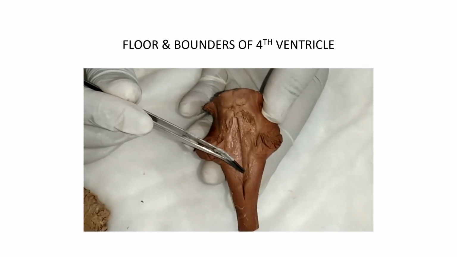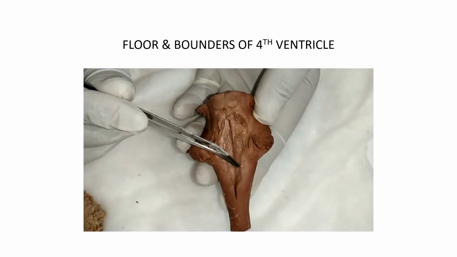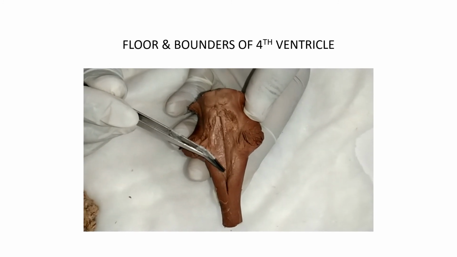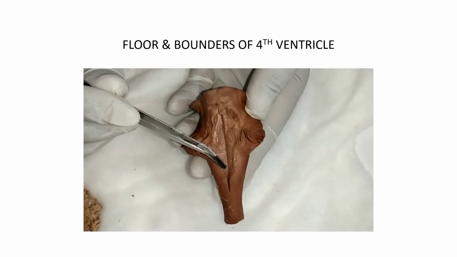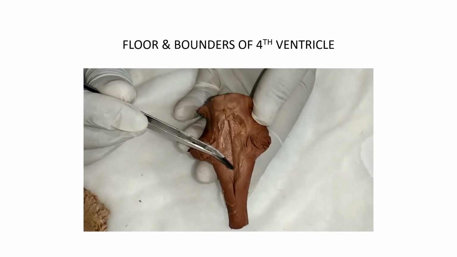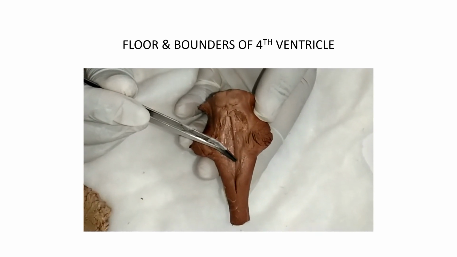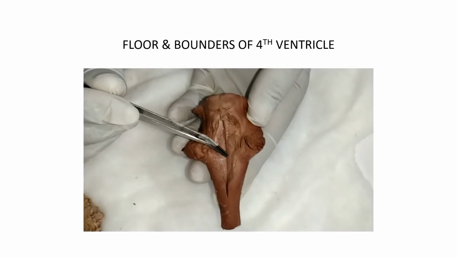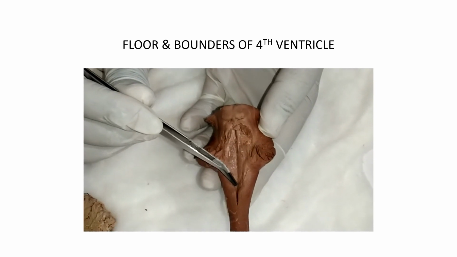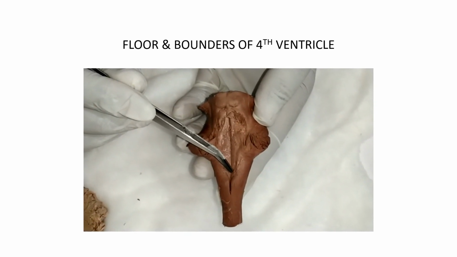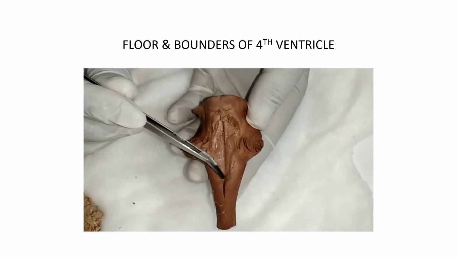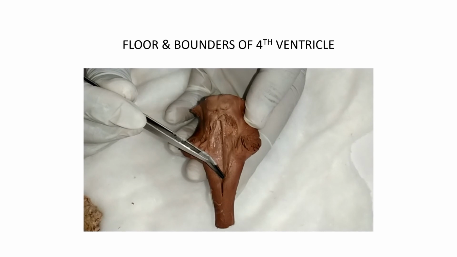So above is the hypoglossal triangle. This is between the median sulcus and the sulcus limitans. Underneath the hypoglossal triangle lie the hypoglossal nucleus and the nucleus intercalatus. Just below that is the other triangle, the vagal triangle.